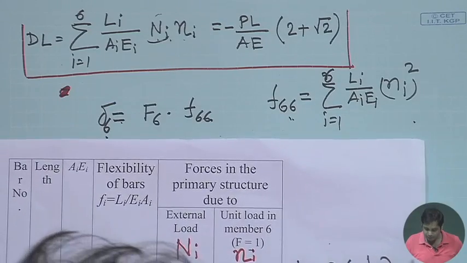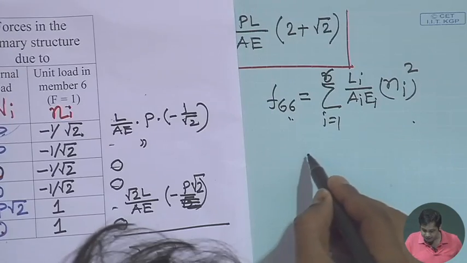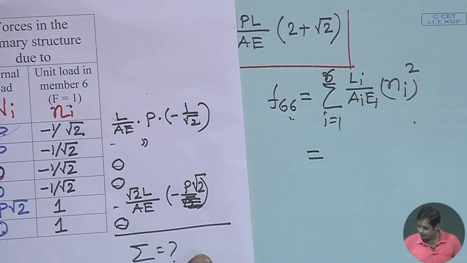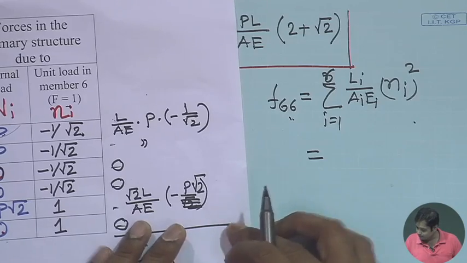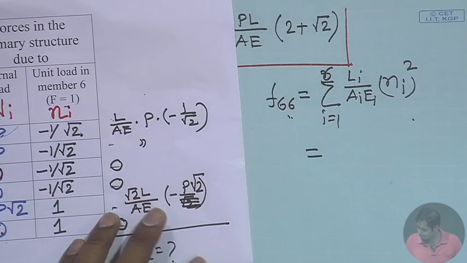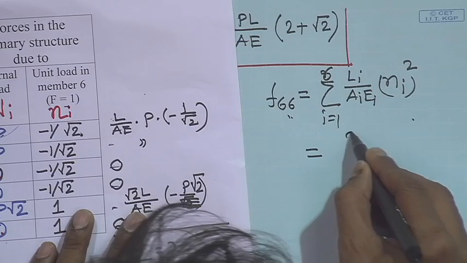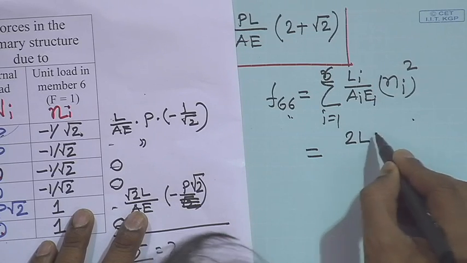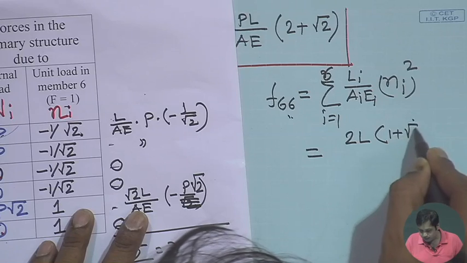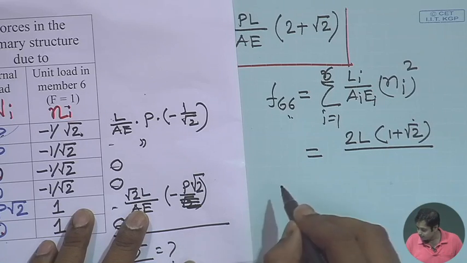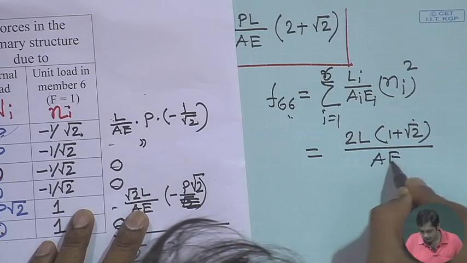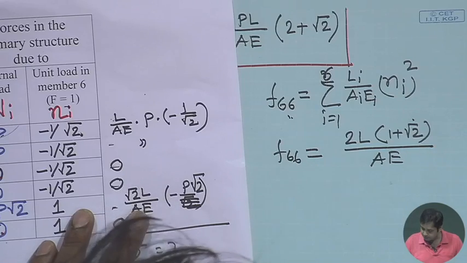If we substitute that, then f66 we get is 2L times (1 plus root 2) divided by AE. That is f66.